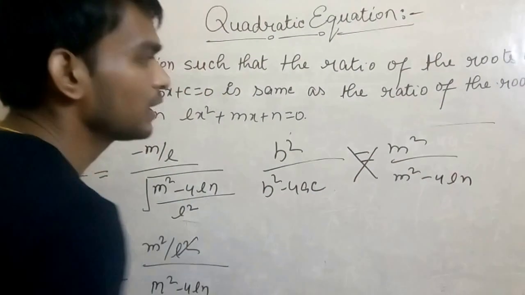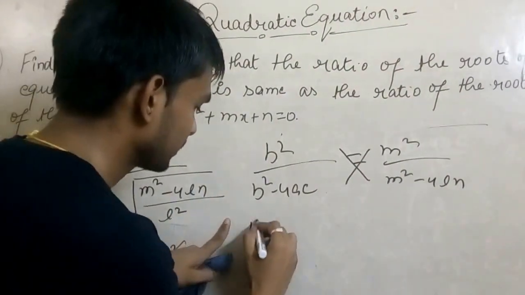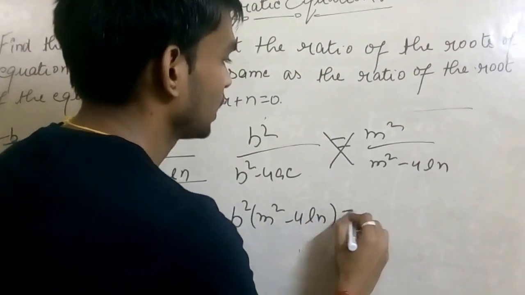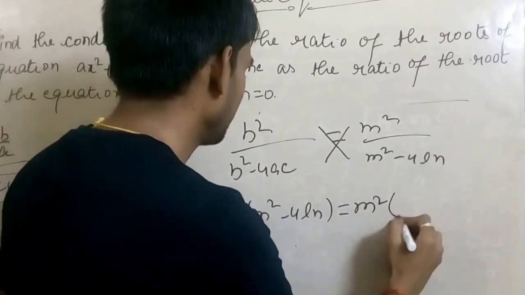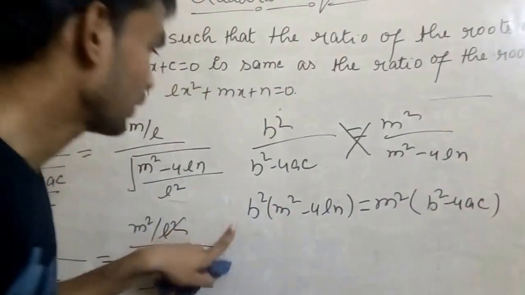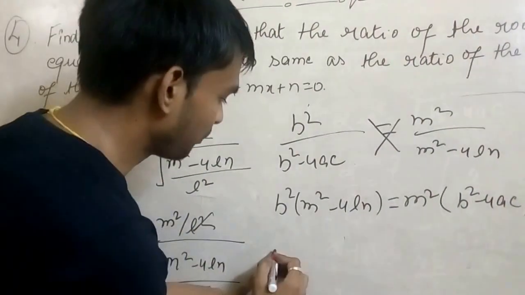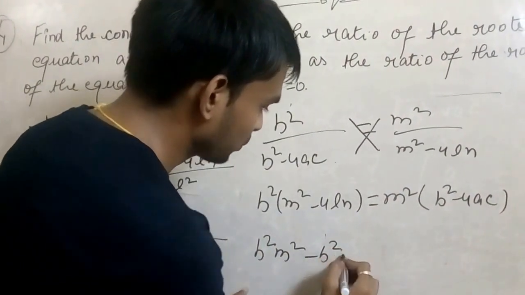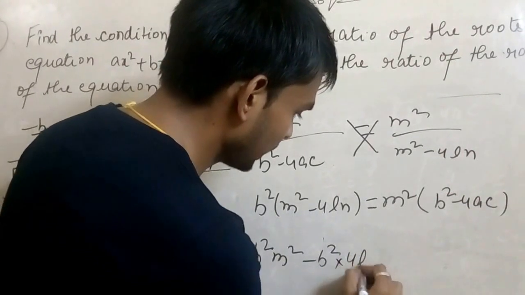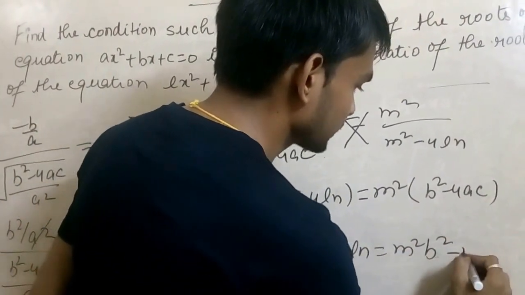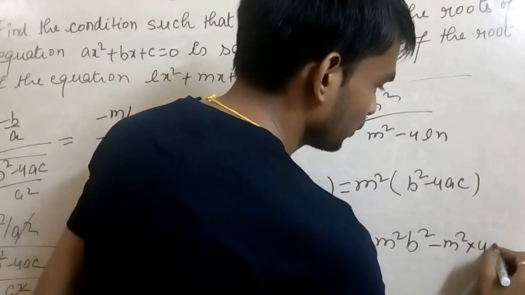If we do the cross multiplication, then we get b square into m square minus 4ln equal to m square into b square minus 4ac. If we do the multiplication, then we get b square m square minus b square into 4ln equal to m square b square minus m square into 4ac.